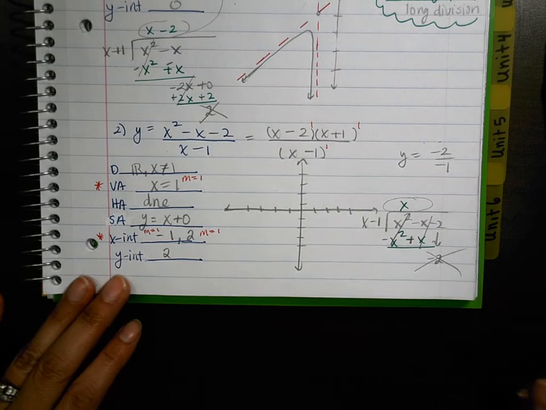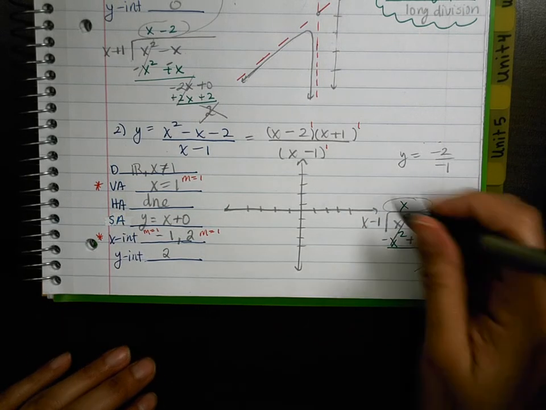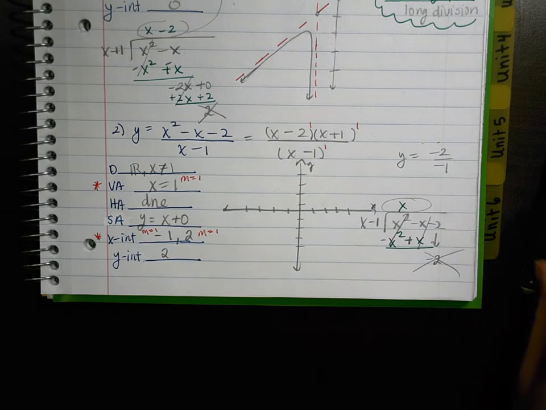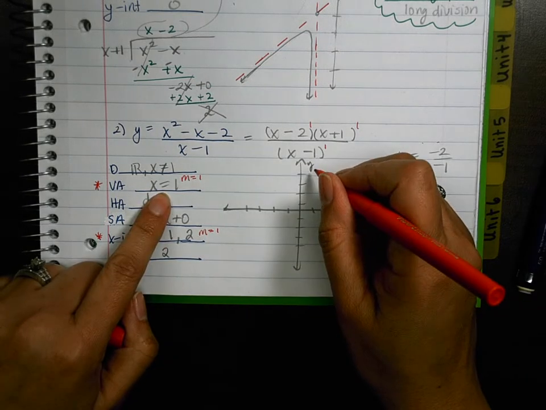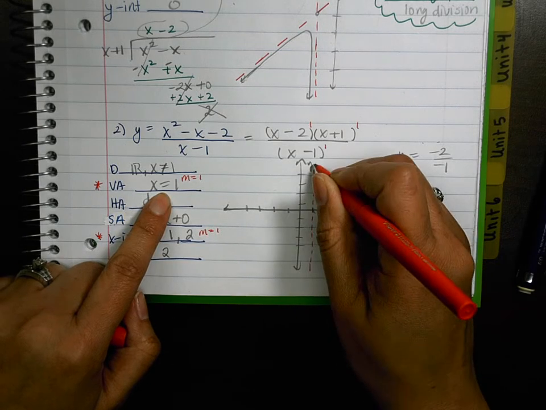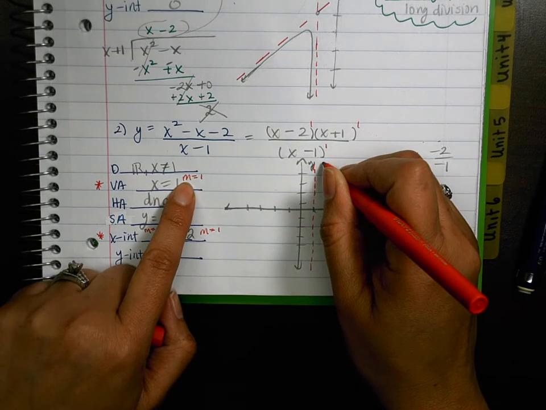All right, this is my x-axis, this is my y, and I have a vertical asymptote at x equals positive 1, and the multiplicity for that was odd because m is 1.